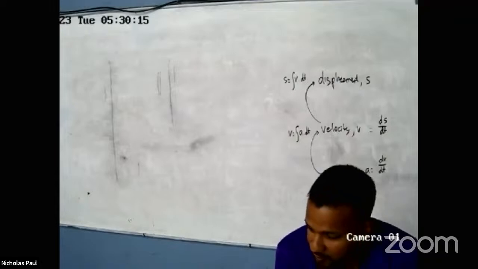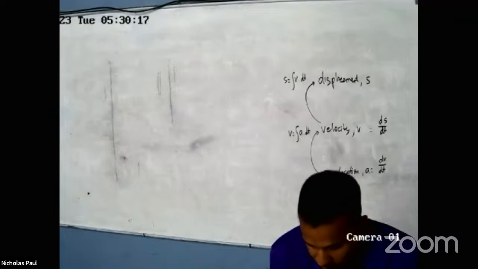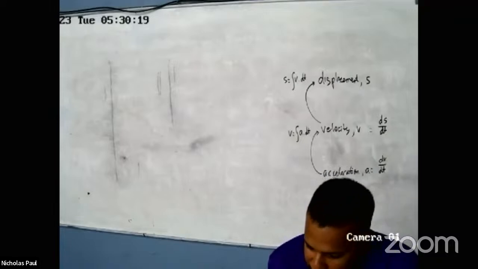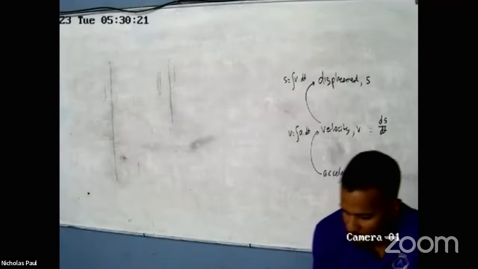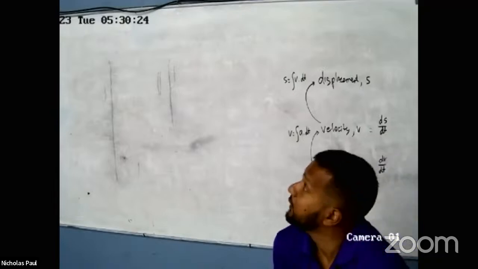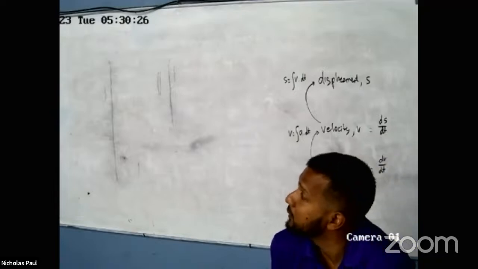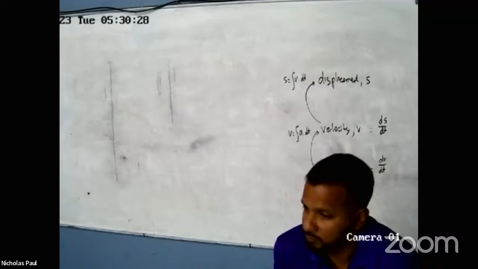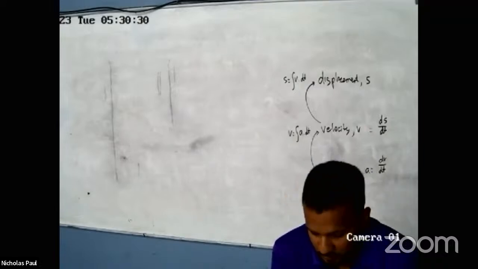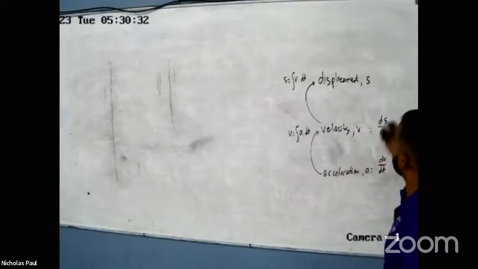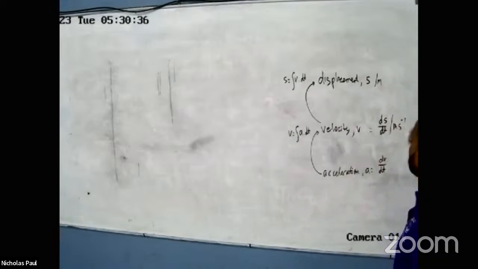Velocity is the rate of change of displacement. SI unit is meters per second, ms minus 1.